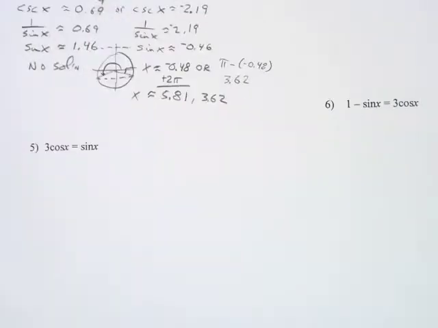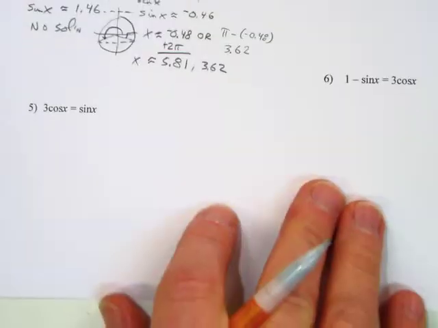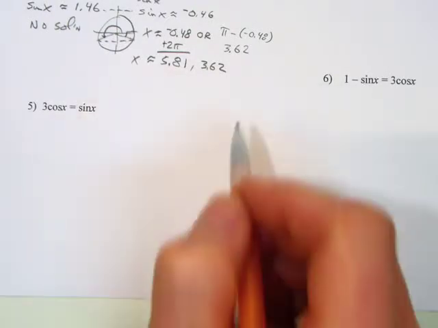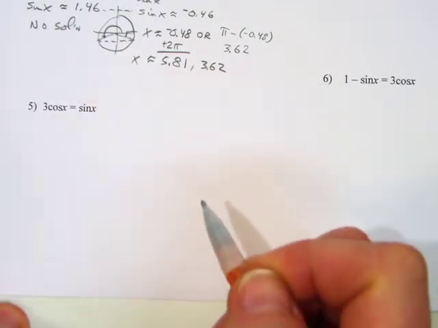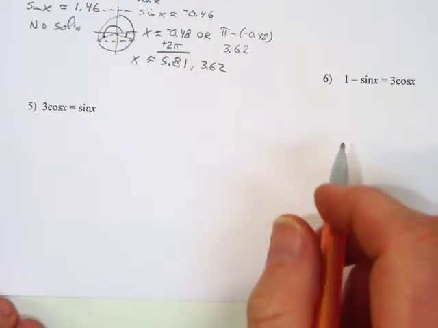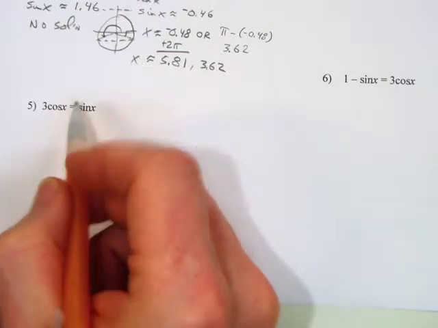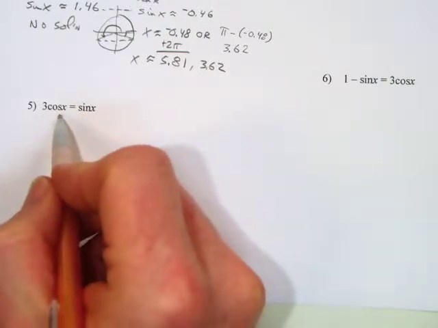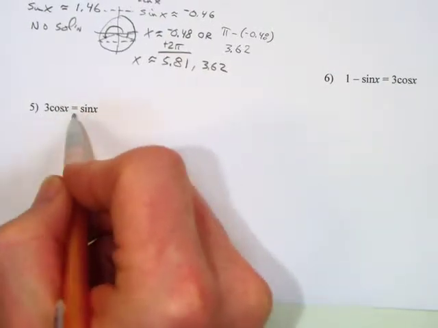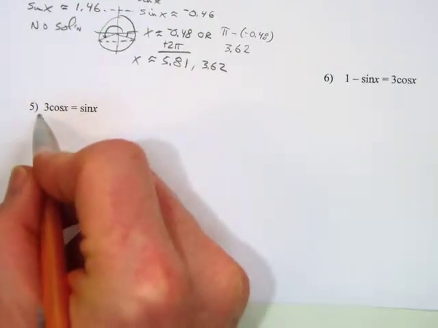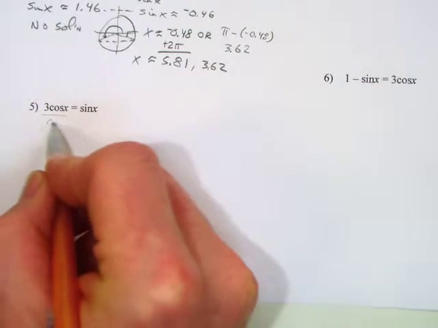Next one. There's a lot of serious stuff going on in this. So the next two problems show two very different approaches to these, but they're dealing with similar types of problems. When I see this, what I want to think is, since I only have the sine and cosine and there's nothing else added, subtracted to it, what I can do is divide everything by cosine.